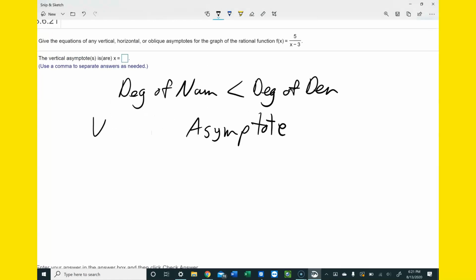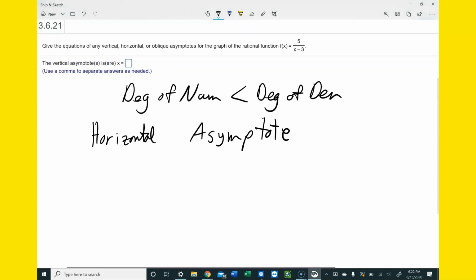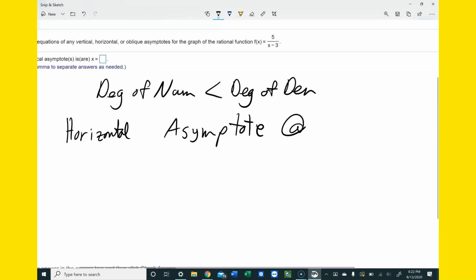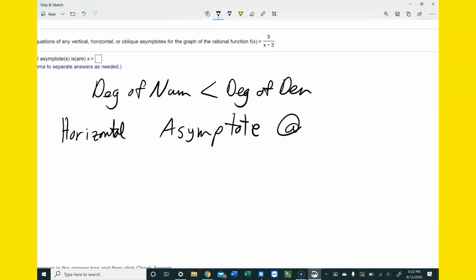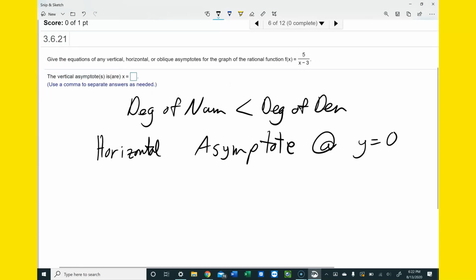I didn't mean vertical, I meant horizontal. I apologize. If the degree of the numerator is less than the degree of the denominator, you have a horizontal asymptote. And that horizontal asymptote will occur at y equals 0. And that will always be the case. You'll have a horizontal asymptote at y equals 0 if what? If the degree of the numerator is less than the degree of the denominator. The degree of the denominator is higher than the degree of the numerator in that case.